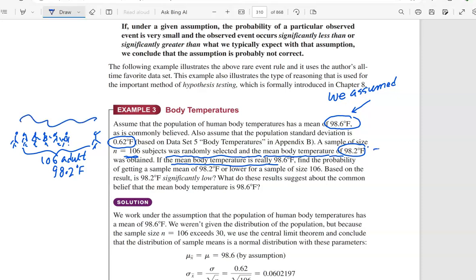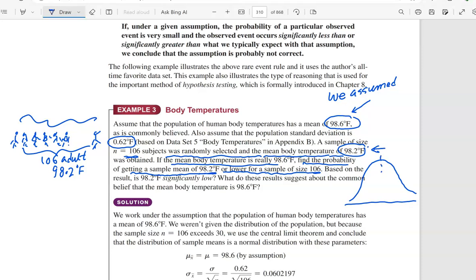It came out to be 98.2. The question is, find the probability of getting 98.2 or lower for the sample size of 106. Okay. So what are you going to do?